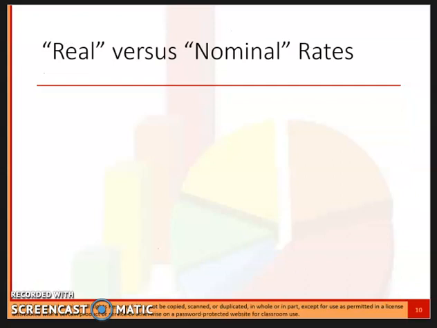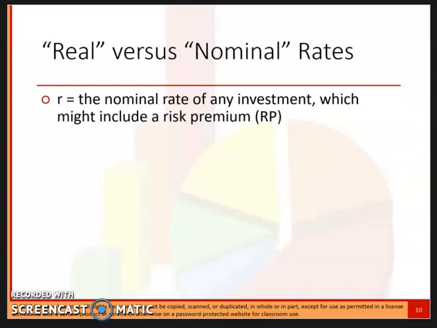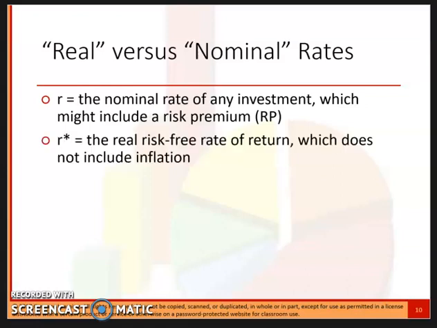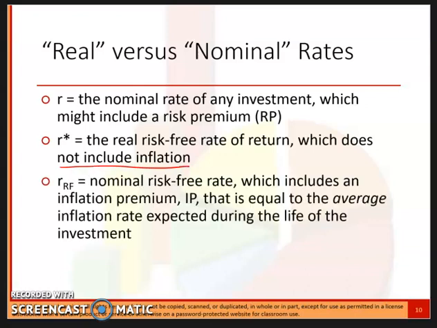Real versus nominal rates. So far we've been talking about nominal rates. The nominal rate of interest, to which we've been referring, could include a risk premium. So r star is the real risk-free interest rate. When we talk about real, we exclude inflation. That's the difference between real and nominal.